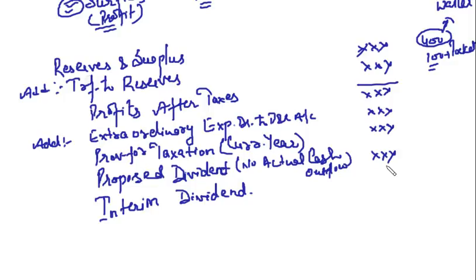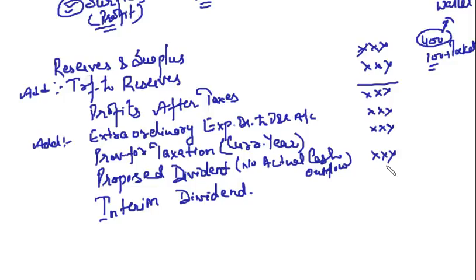Now, if we talk of interim dividend paid during the year to the shareholders. Now, you will say, sir, interim dividend is involving the actual cash outflow. I agree. Interim dividend we have paid during the year to the shareholders.